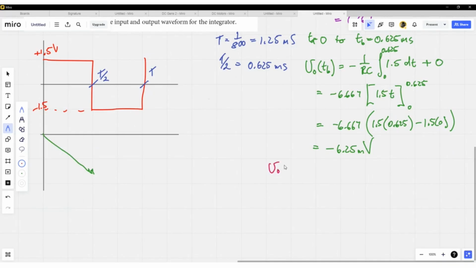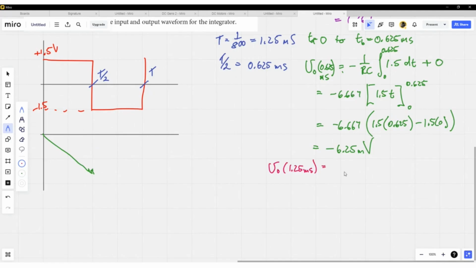I should have actually said this is the output at 0.625 milliseconds. This is going to be the output at 1.25 milliseconds.